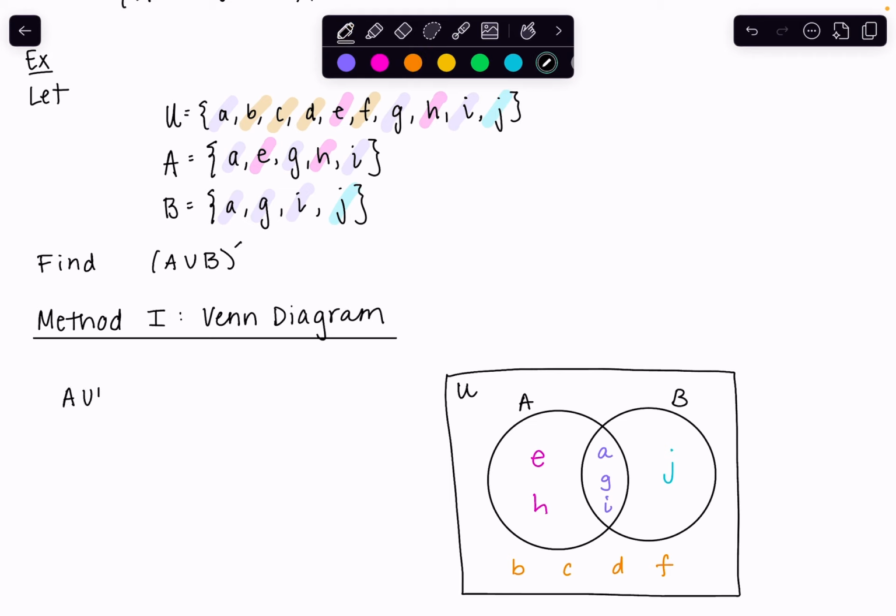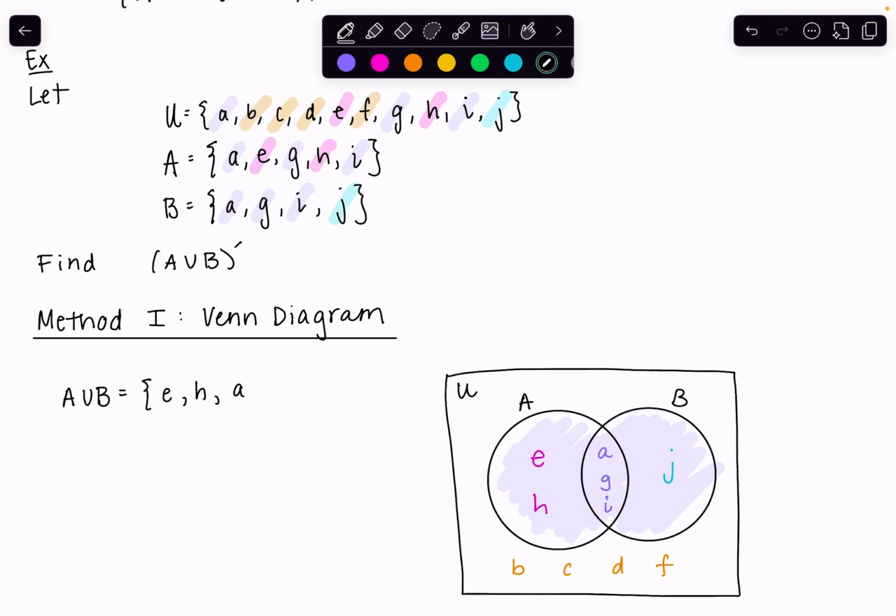So if I look at A union B, we'll go ahead and list that set out. That melds these two circles together. So A union B would be all these letters. Again, it's up to you how you go about this. Trying to look at this and put it alphabetically right now, that's a little hard for me. So I'm just going to list it by section.